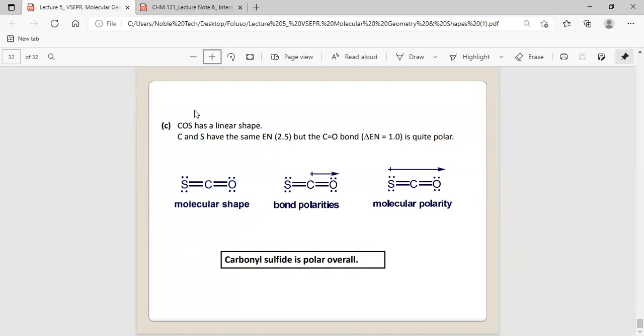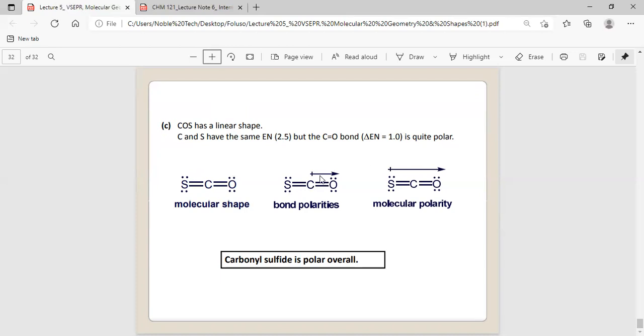Now, oxygen is of higher electronegativity than carbon, but sulfur is of similar electronegativity with carbon. So carbon and sulfur have the same electronegativity, 2.5, while oxygen has higher electronegativity.